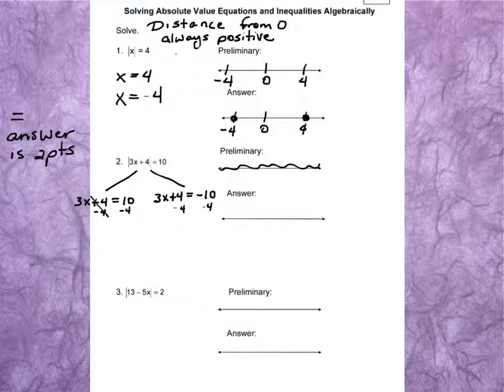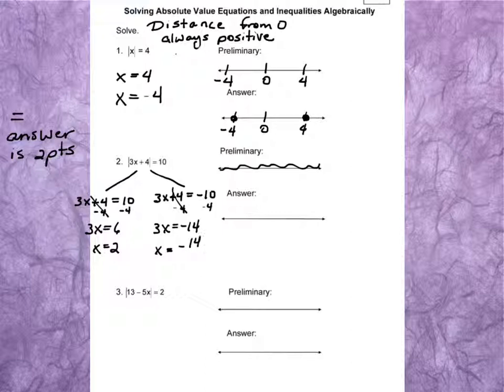So you end up with 3x equals 6, so x equals 2. And you end up with 3x equals -14, so x equals -14 thirds. And those are your 2 points that you're going to put on the number line. So you place your 0, and at 2 you have a point, that's a solution to that equation, and at -14 thirds you have a point that is a solution to that equation.